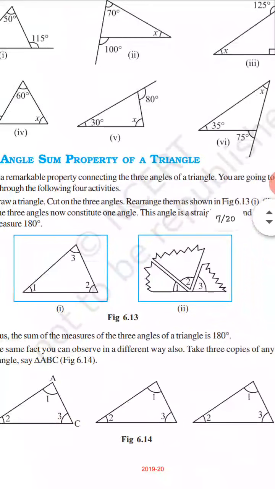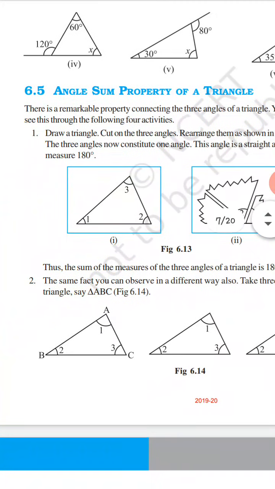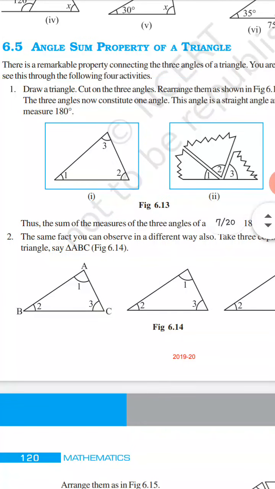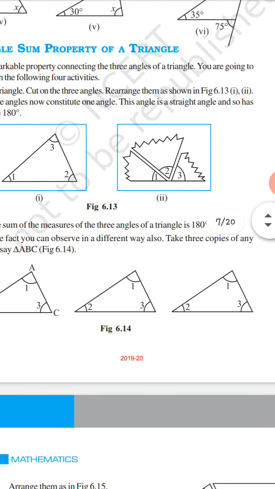Angle sum property of a triangle. Actually in a triangle, the sum of the three angles of a triangle is equal to 180 degrees. So this we can do by activity: draw a triangle, mark the three angles 1, 2, 3 and cut the three angles, and if you arrange them like this, you can get a straight angle, that is 1 plus 2 plus 3 will be equal to 180 degrees.